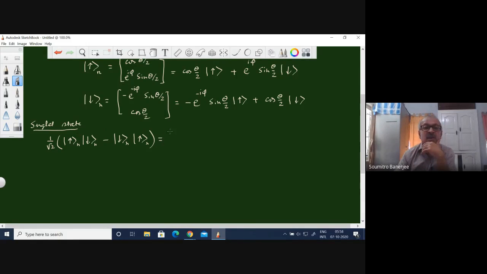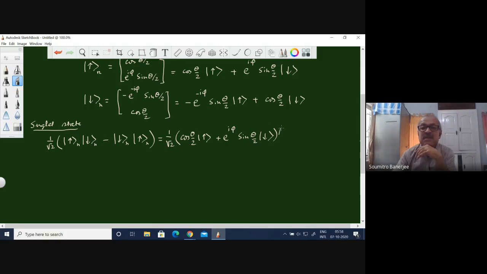So this is 1 by root 2. Then I have to substitute up n, which is this. So this is cos theta by 2 up z plus e to the power I phi sine theta by 2 down, times again this one, down z.